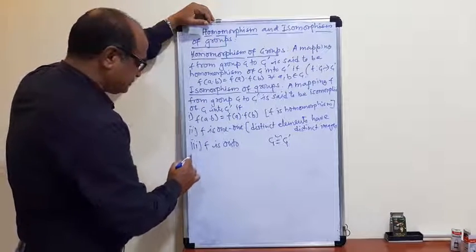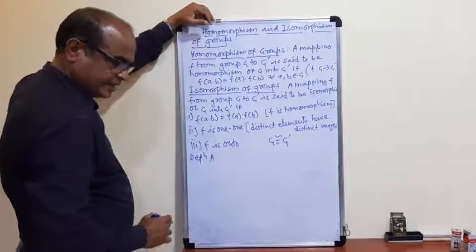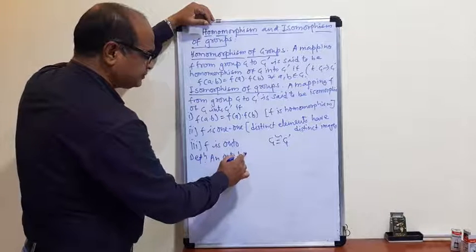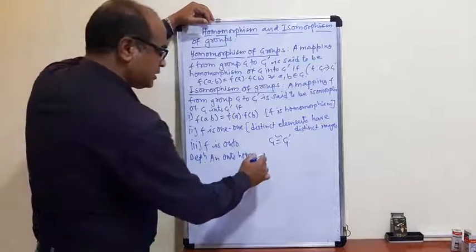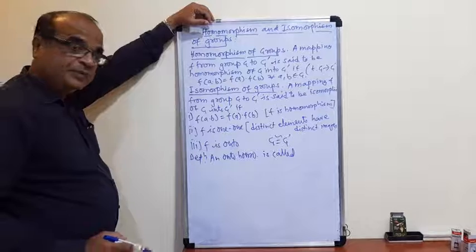Definition: an onto homomorphism is called an epimorphism.